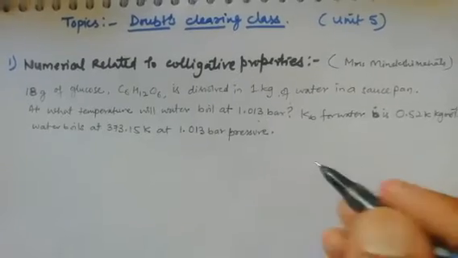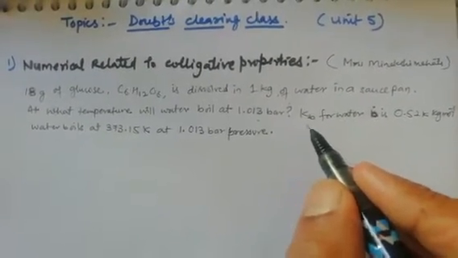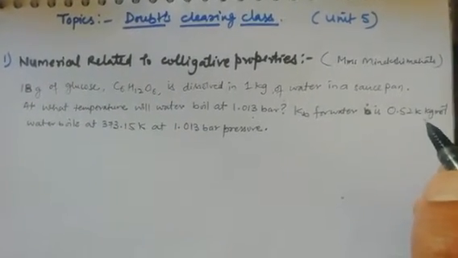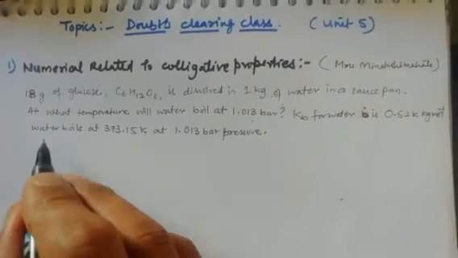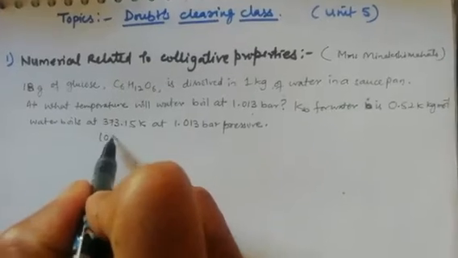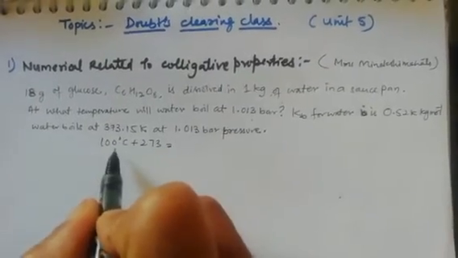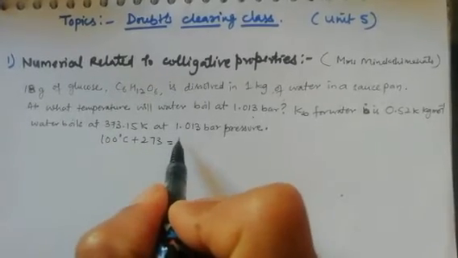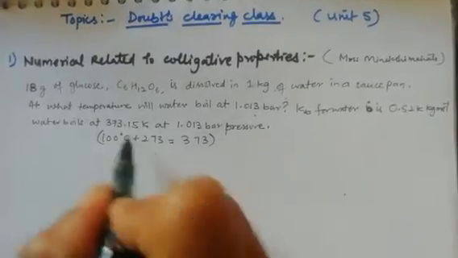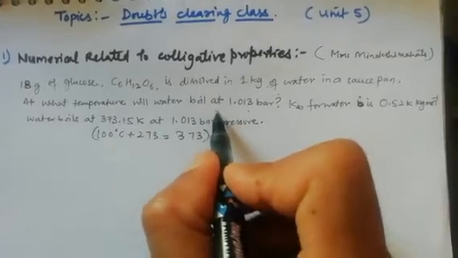As a hint, Kb, the ebullioscopic constant for water, is 0.52 Kelvin kilogram mole inverse, and water boils at 373.15 Kelvin, which is 100 degrees Celsius. You know very well 100 degrees Celsius needs to be converted by adding 273, and it becomes approximately 373 Kelvin, at 1.013 bar pressure, which is already given.